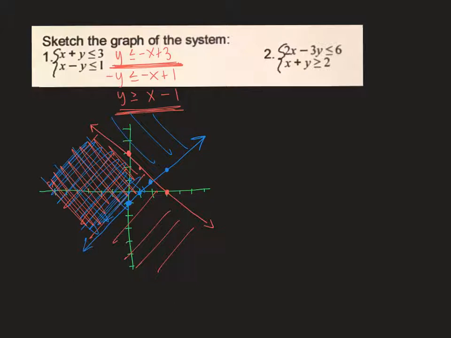Okay, so we're going to do the same thing for number 2. I'm going to solve those equations for y to make it a little bit easier. So I'm going to subtract my 2x and divide by my -3, which is going to require me to flip my sign.